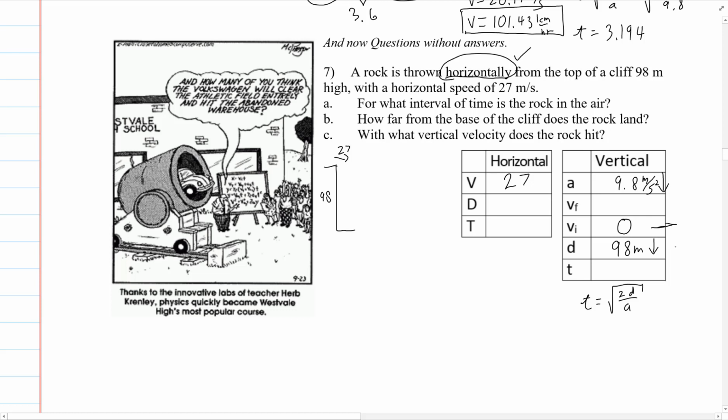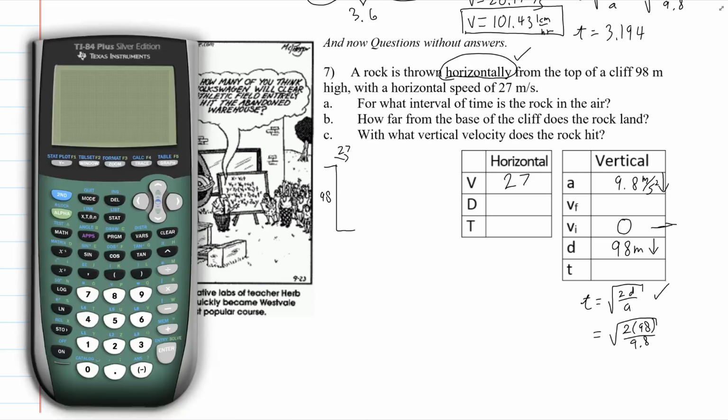Because of that, we can use that. And we get 2 times 98 divided by 9.8, all square rooted.